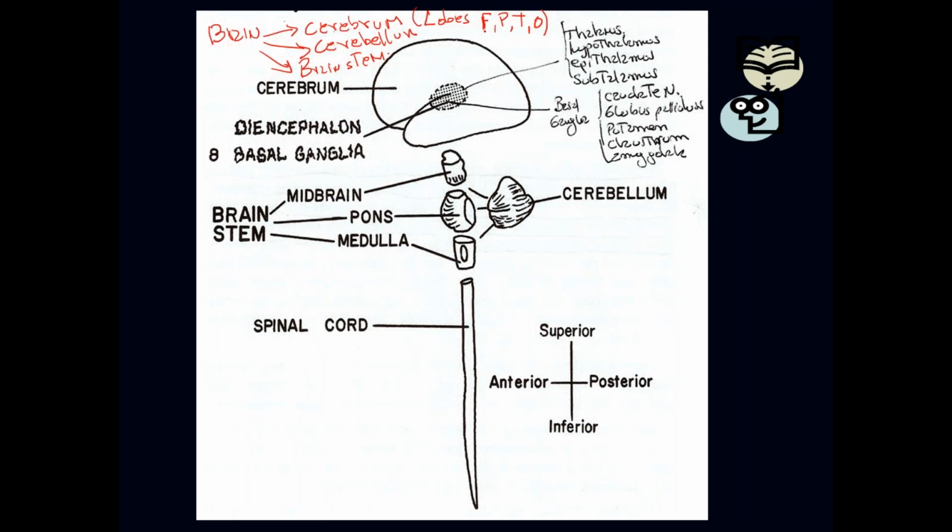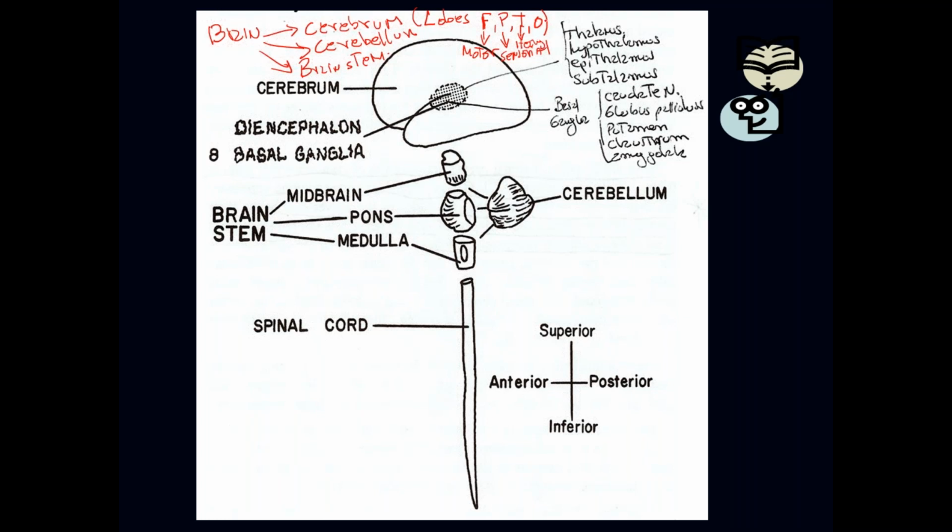So the frontal, just to review, is basically the motor activity, the consciousness, the intellectual activity, cognitive level. Parietal is the sensorial area. The temporal is going to be the hearing.